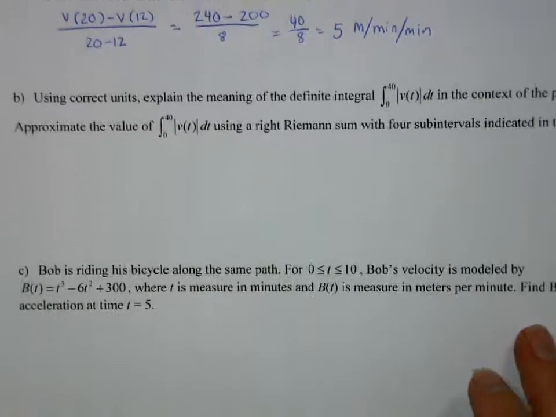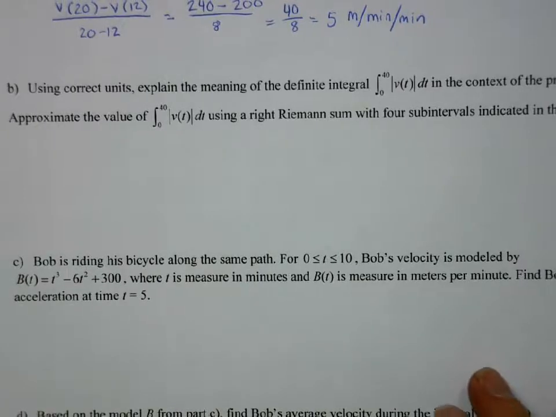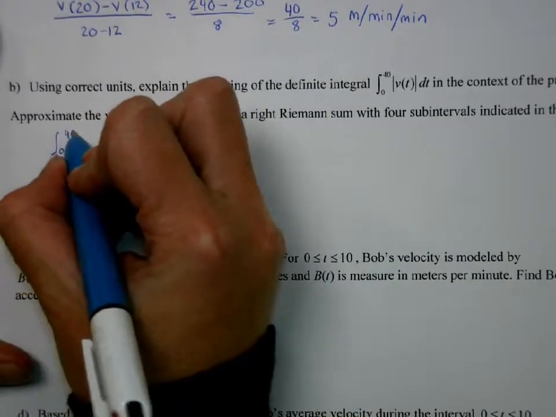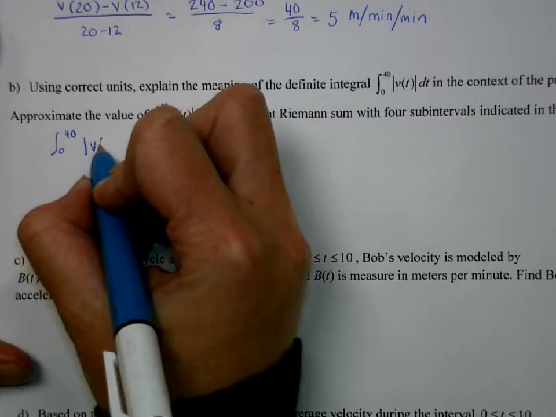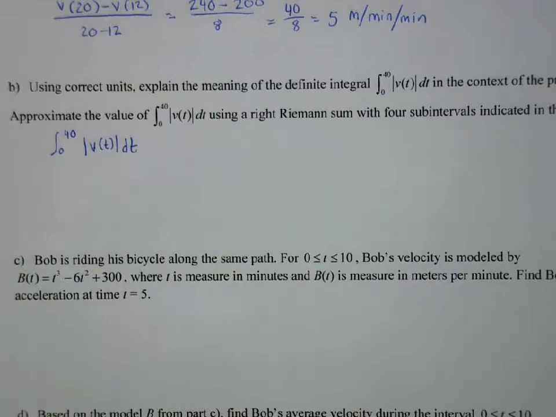All right, our next one. Using correct units, explain the meaning of the definite integral from 0 to 40 of the absolute value of v of t in the context of the problem. Okay, so what this would be, we're doing the integral of the absolute value of velocity. We've seen problems where if we have the graph of velocity and we find the area under it, that gives us the distance.